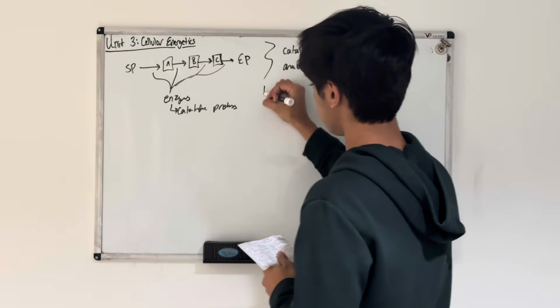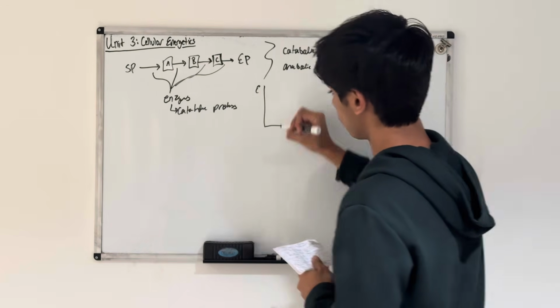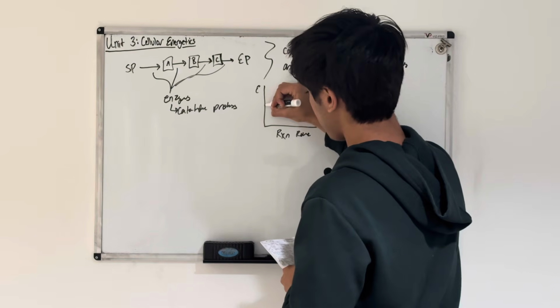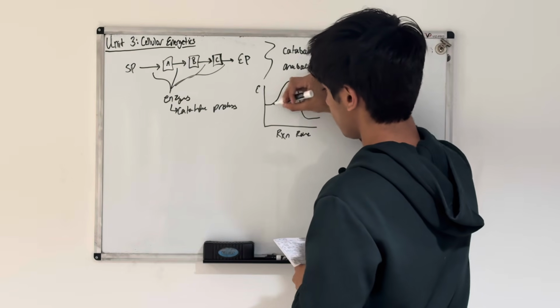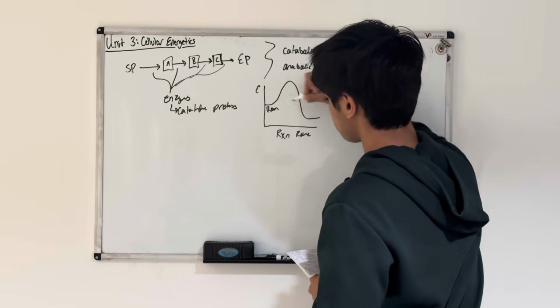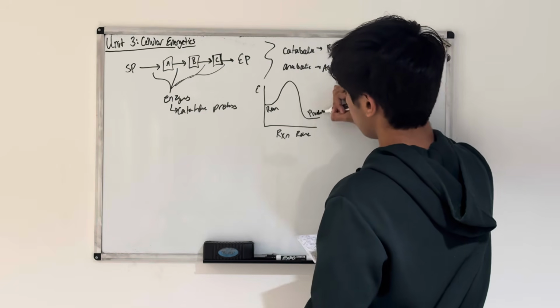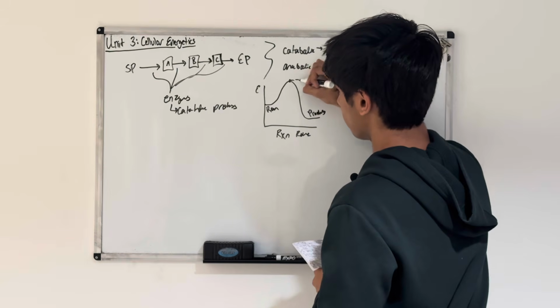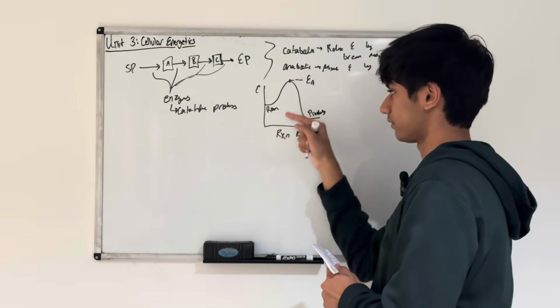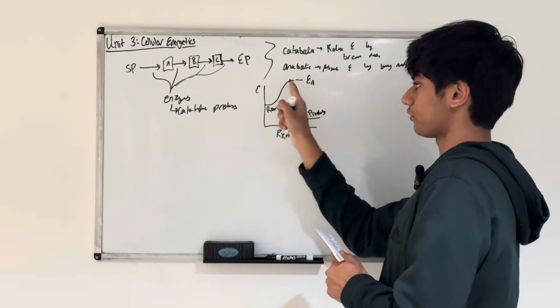If we consider an energy versus reaction rate graph, here we have the energy of the reactants and products. Reactions require a certain level of activation energy to start. In order for this reaction to occur, to get to the products, we need to get enough energy to reach here.